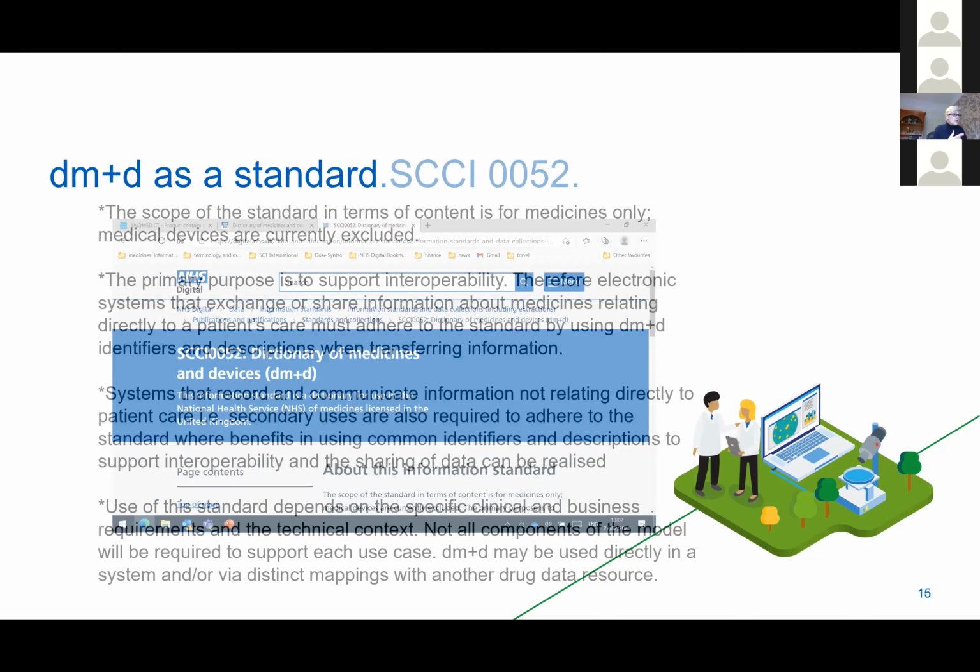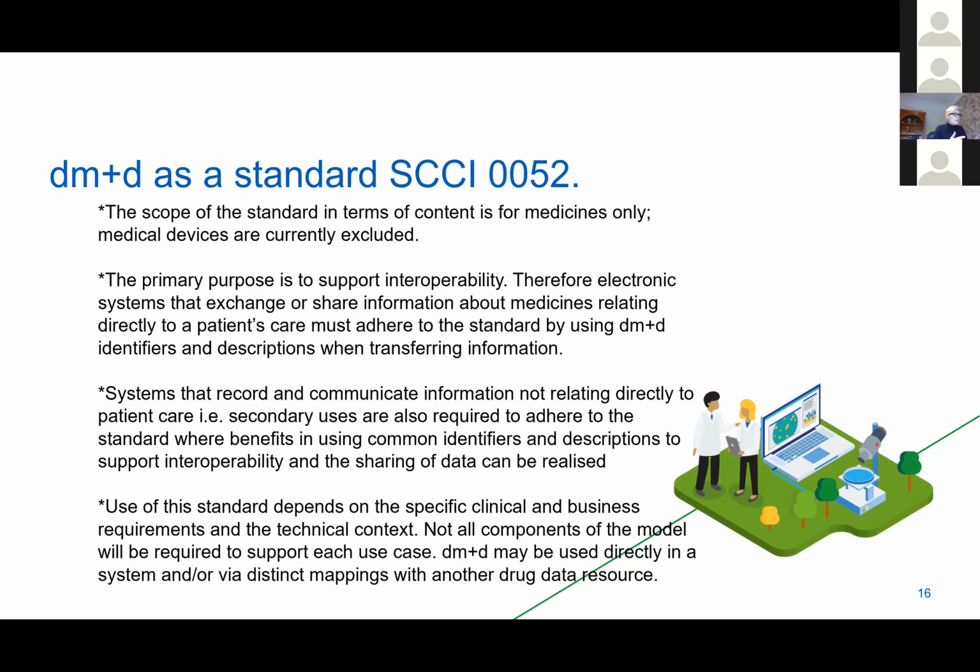And these are just a couple of clips from the ISB, the SCCI standard information. And they talk about it being for interoperability. So within your system, you can do what you like. It's when messages are sent from one system to another that they need to be dm+d. It's also worth pointing out that the scope of the standard is only medicines. It doesn't cover devices. Its primary purpose is to support interoperability.